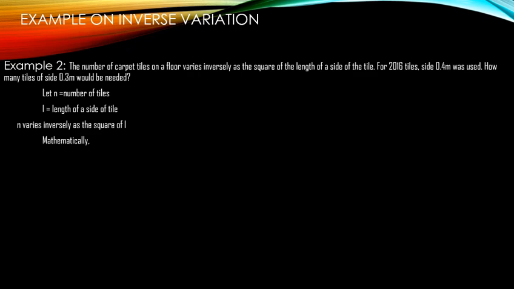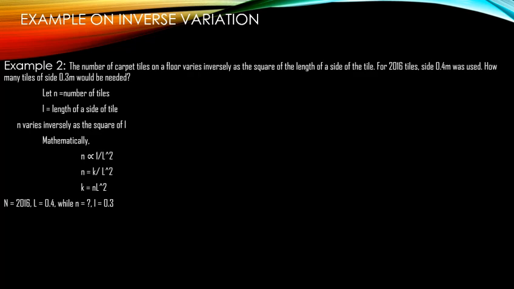Because we don't know it, we use n as the number of tiles, then l as the length of the side of tiles. If n varies inversely as the square of l, mathematically, n is equals to k divided by l squared.